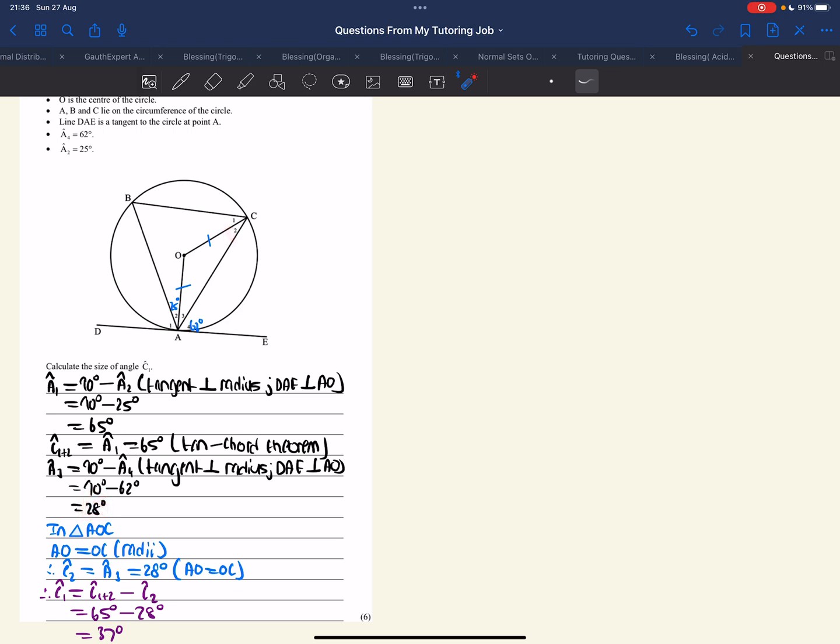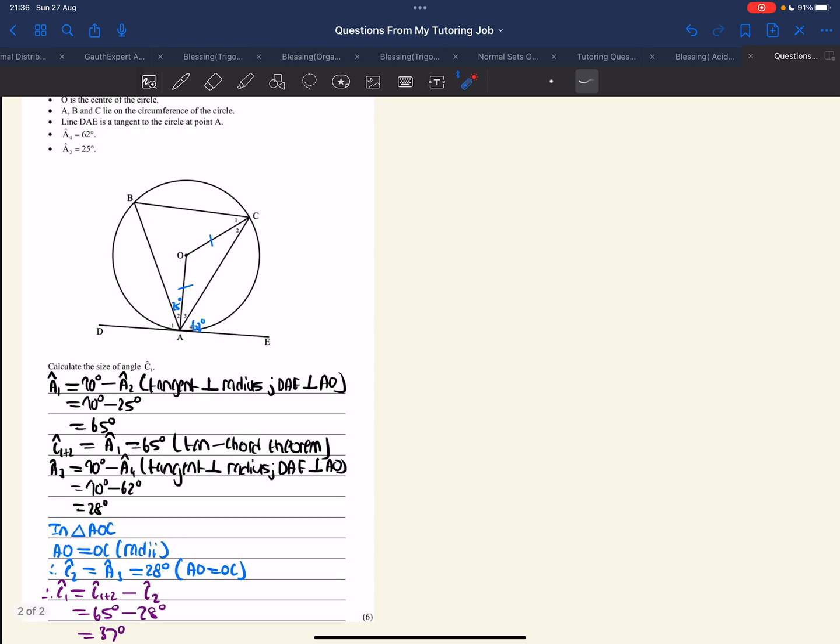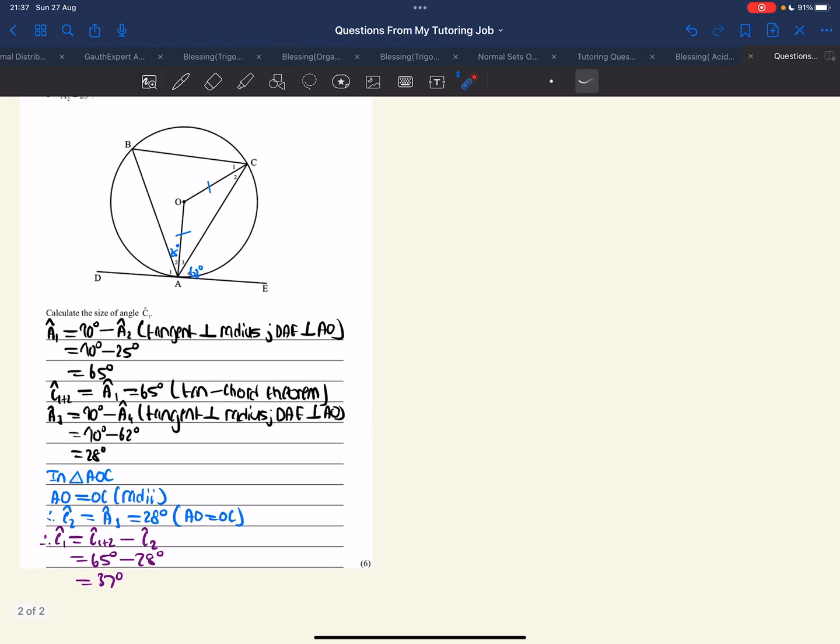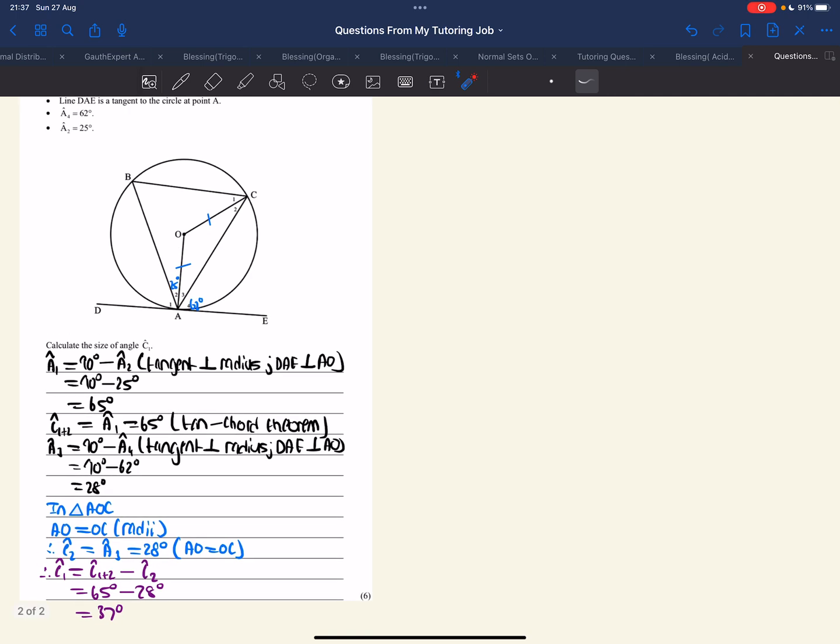After finding 28 degrees, you just say 65 minus 28 is 37. I think that one could have been longer, but as long as it got you to the answer, that's okay. But the method that I would have preferred is the first one. So you could have gone with either of the two ways, or only this one. All right.